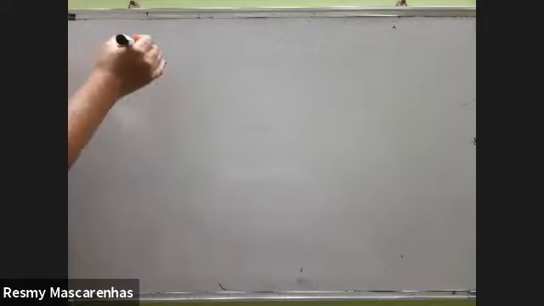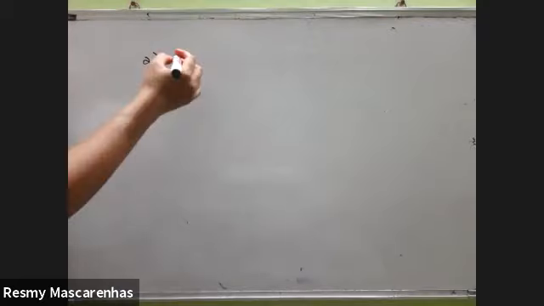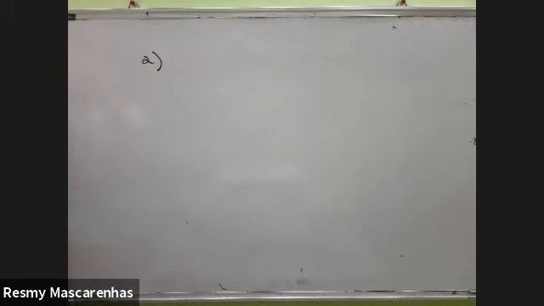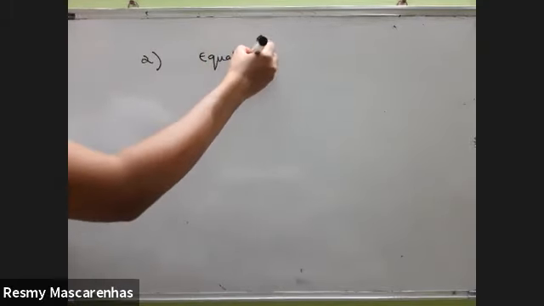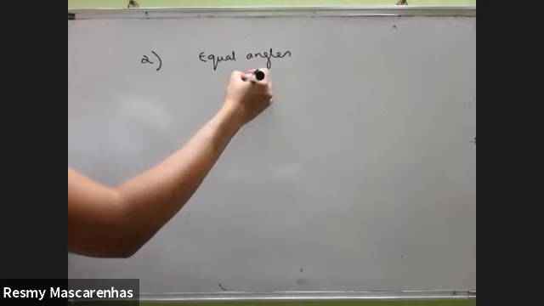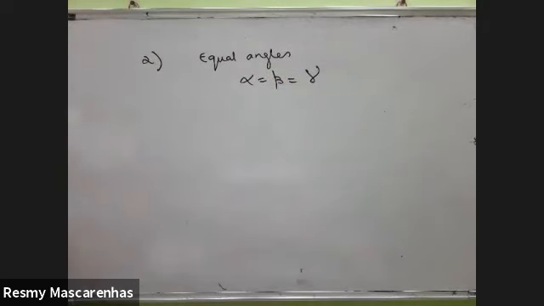The second question: find the direction cosines of a line which makes equal angles with the coordinate axes. Equal angles with the coordinate axes means alpha equals beta equals gamma.